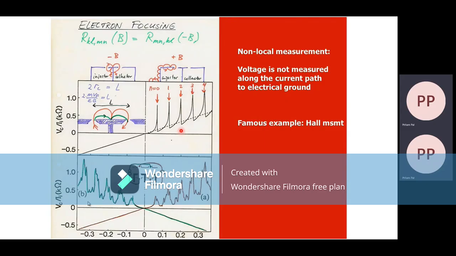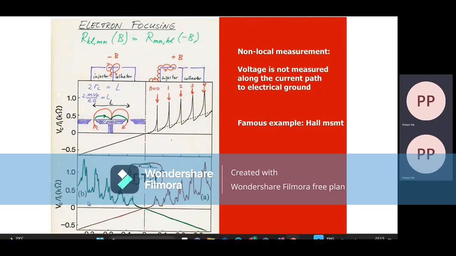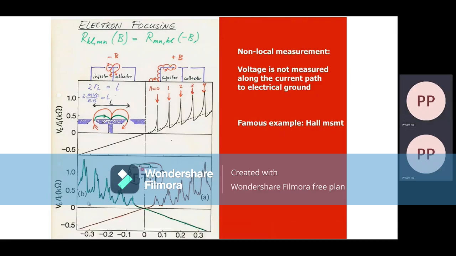That is determined by the magnitude of the field that is applied here, in the graph that is shown here. On the x-axis, we have the magnetic field going from positive to negative. And so on the positive side, whenever the period of the cyclotron orbits matches the distance between the injector and the detector, we expect to observe a peak, right?